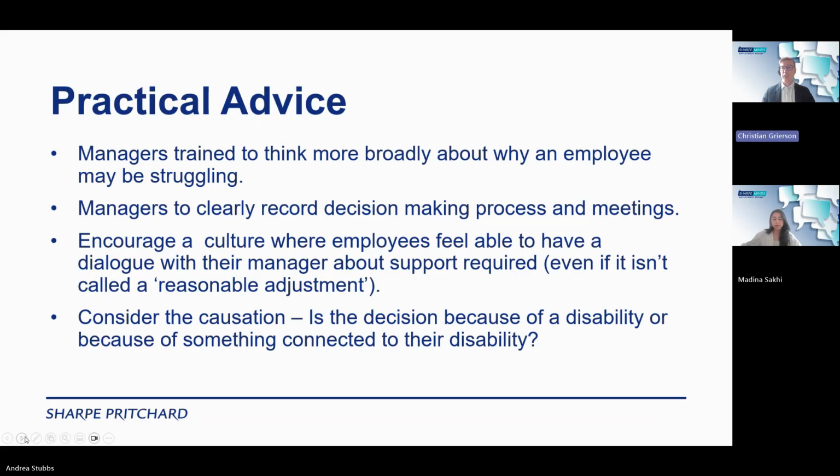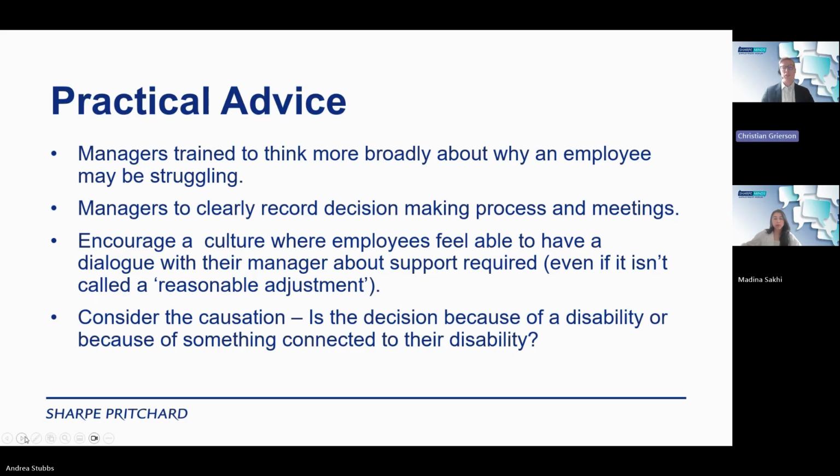There is a slight blurring of the lines between has there been a failure to make a reasonable adjustment and is there a Section 15 claim, but you just take the specific circumstances. I would also say consider the causation. Is the decision because of a disability or because of something connected to their disability?